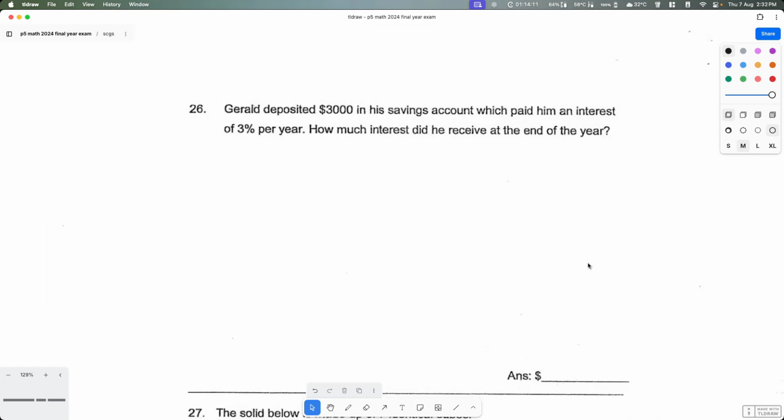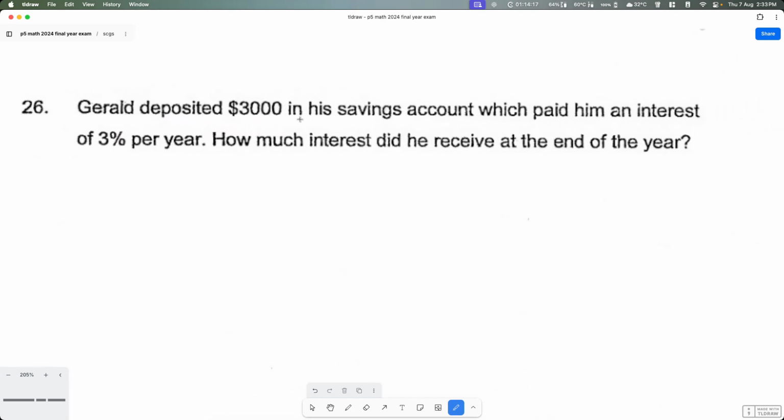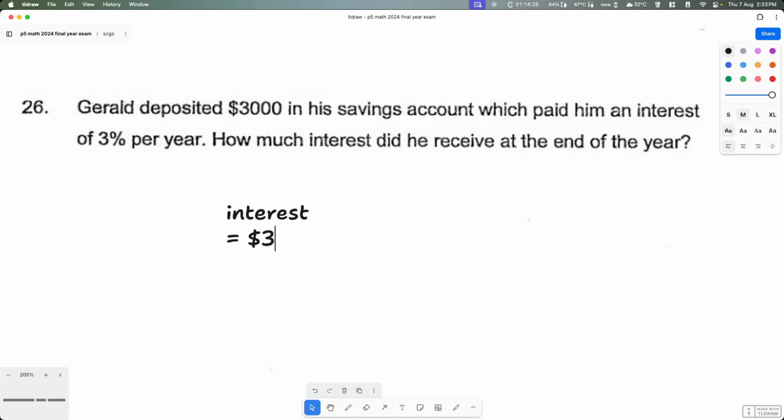Question number 26. Gerald deposited $3,000 in his savings account, which paid him an interest of 3% per year. How much interest did he receive at the end of the year? So interest collected is equal to $3,000 times 3%, which is the same thing as times a fraction, 3 out of 100.